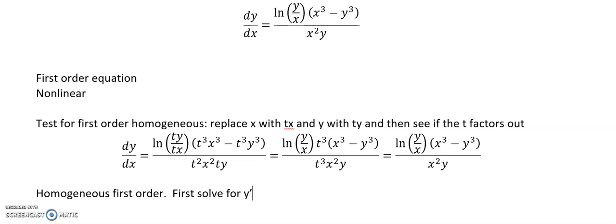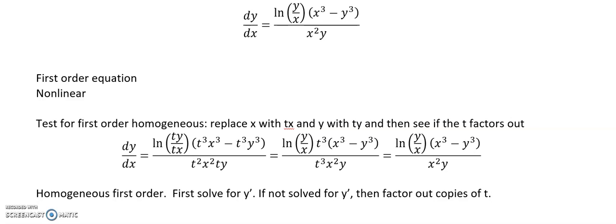And then, if it's not solved for y prime, you can still do this test, but then you would have to factor the t all the way out of the equation, because it wouldn't be a ratio, and so it wouldn't cancel. So like if you have a dy dx equation, then factor out copies of t, and they would have to factor out completely.